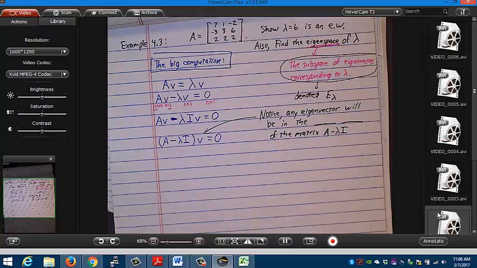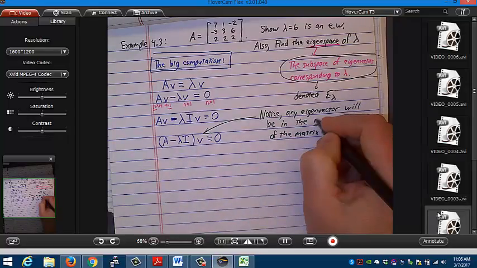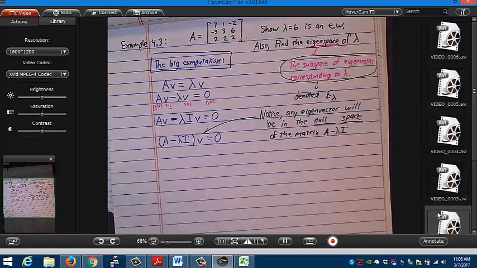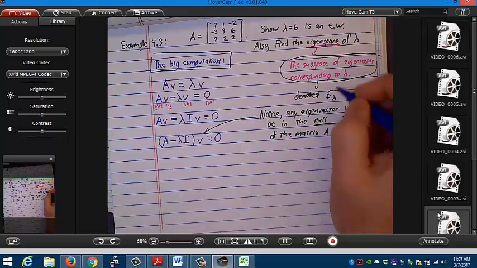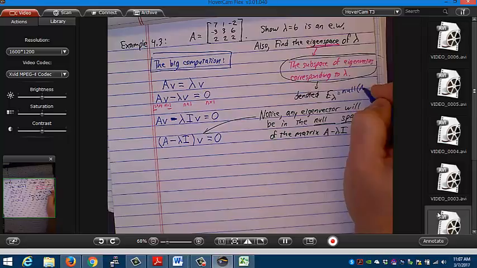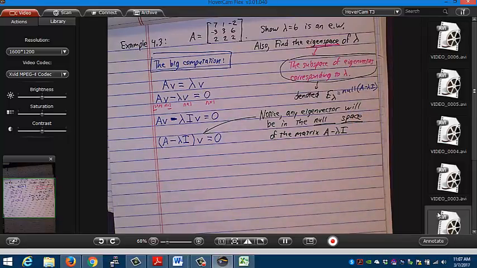There it is. Matrix times vector is the 0 vector. That's what we called the null space. And so when I say E lambda, what you're really finding is the null space of A minus lambda I. That's what you're really finding. The null space. Okay?